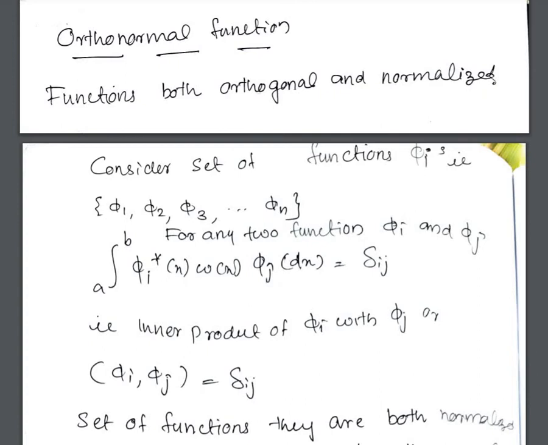Finally, a set of functions which is notated by phi n of x, which we obtain from the normalization of psi n's. So these phi n's are orthogonal and normalized.